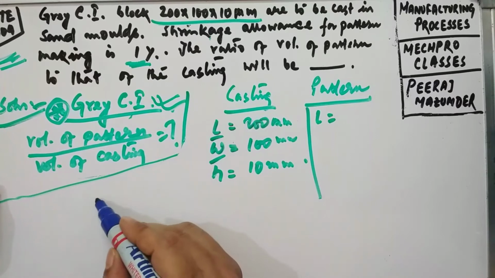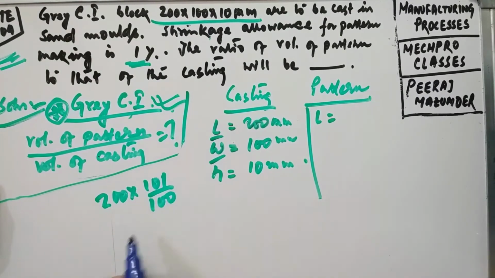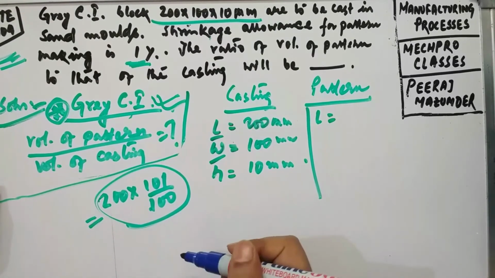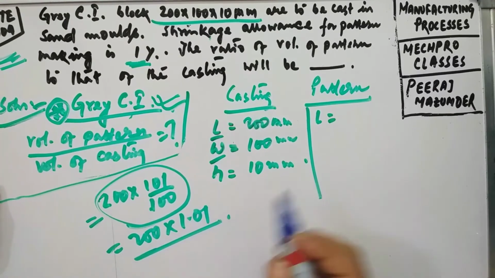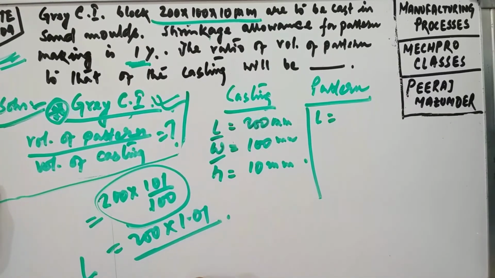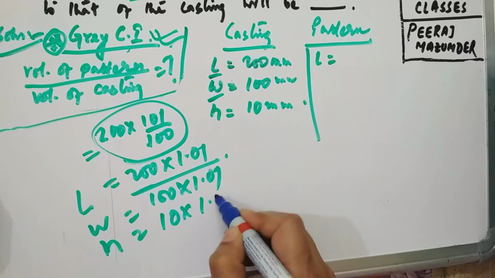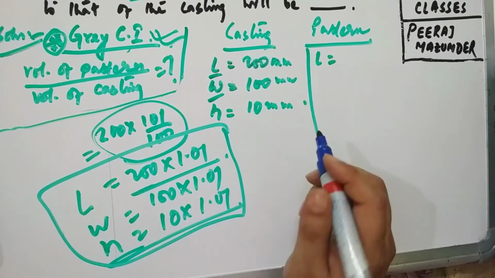So that will be your 200 into 101 by 100, that will be the ultimate size you can say, or you can simply write 200 into 1.01. That will be the length, and width will be 100 into 1.01. Similarly, H will be 10 into 1.01. So that will be in case of any other metals.